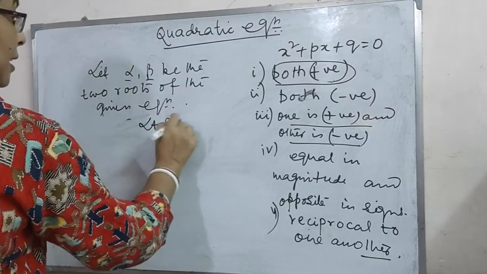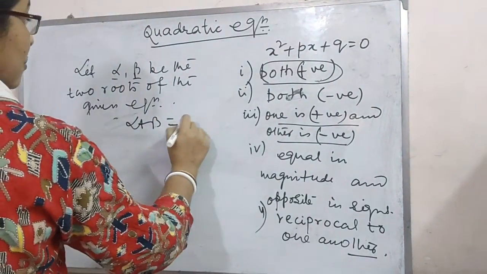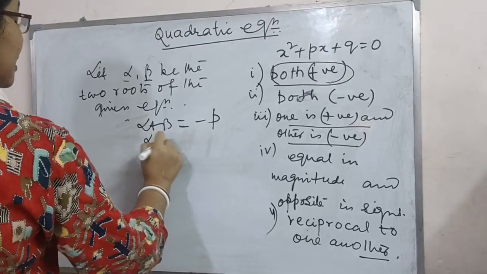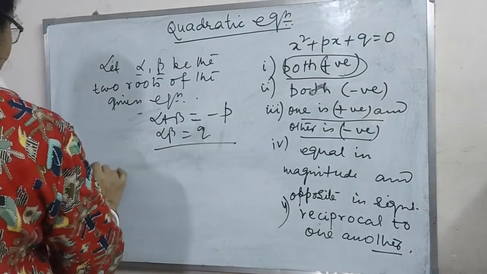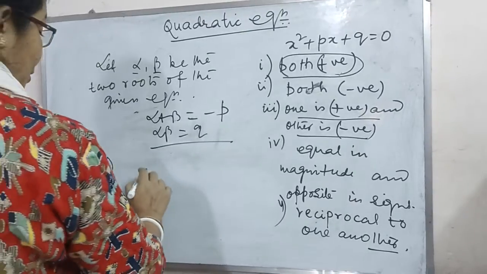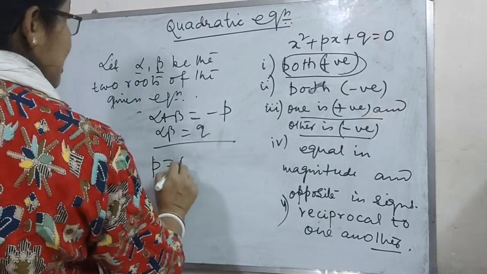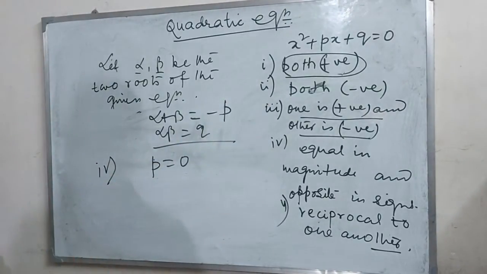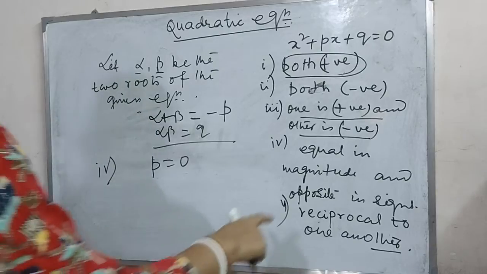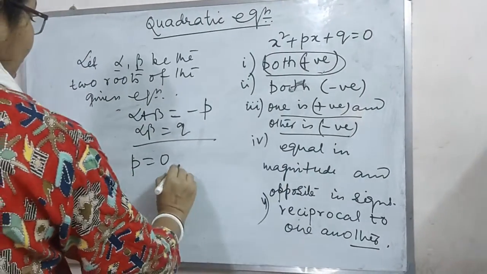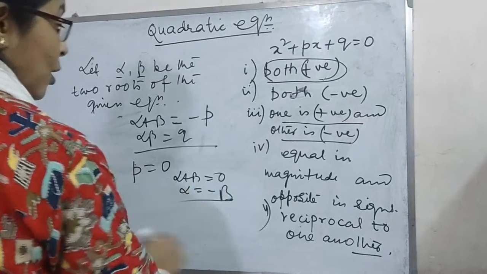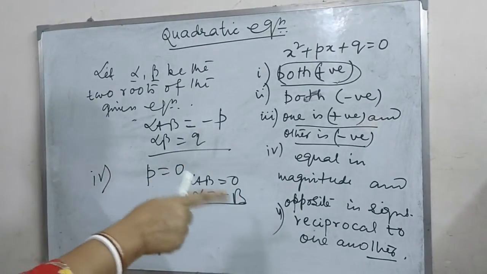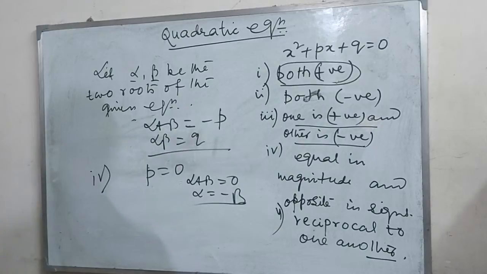Alpha plus beta equal to minus p, and alpha beta equal to q. The condition for 4 is p equal to 0. If p equal to 0, then alpha plus beta equal to 0, that means alpha equal to minus beta, equal in magnitude but opposite in sign.